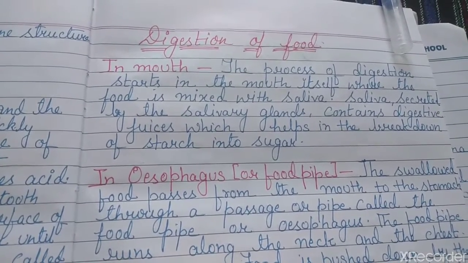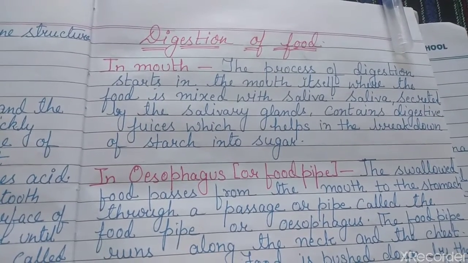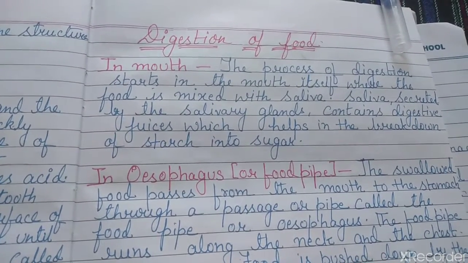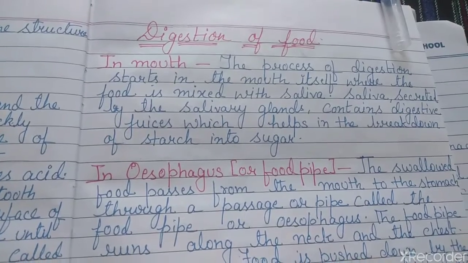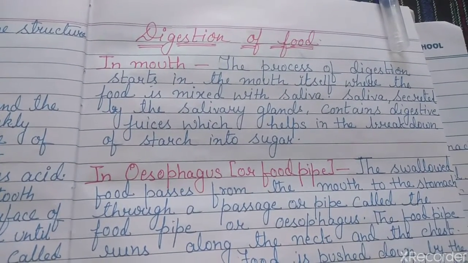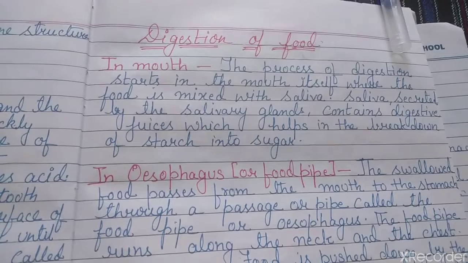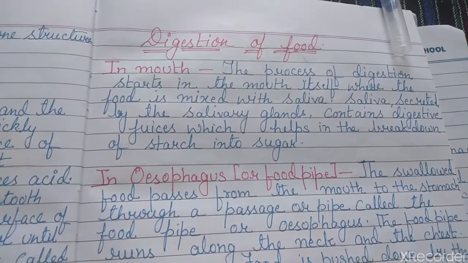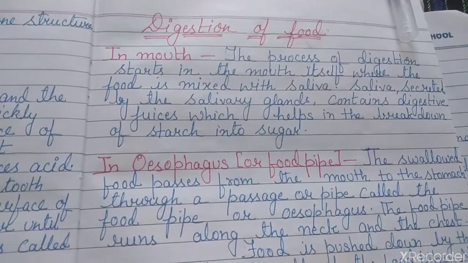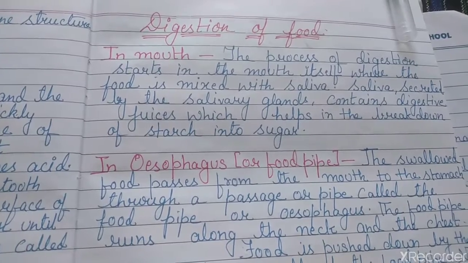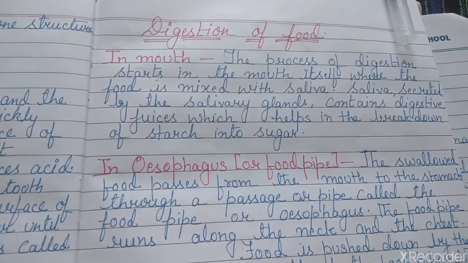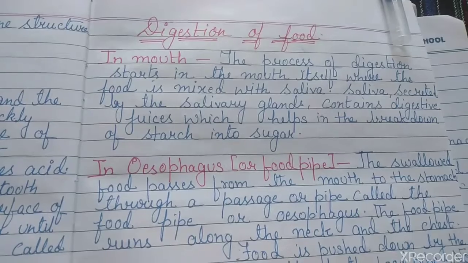The process of digestion starts in the mouth itself, where the food is mixed with saliva. Saliva is secreted by salivary glands and contains digestive juices which help in the breakdown of starch into sugar.